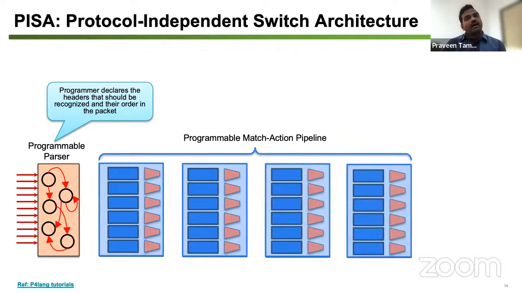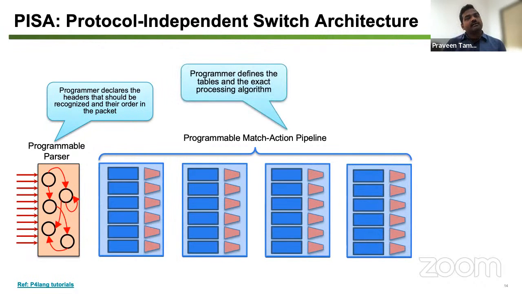And the core of this model is the match action pipeline, where you can program the match action tables with flow rules, or table entries, where the packets which match these entries will have the action associated with that entry executed on the packet.